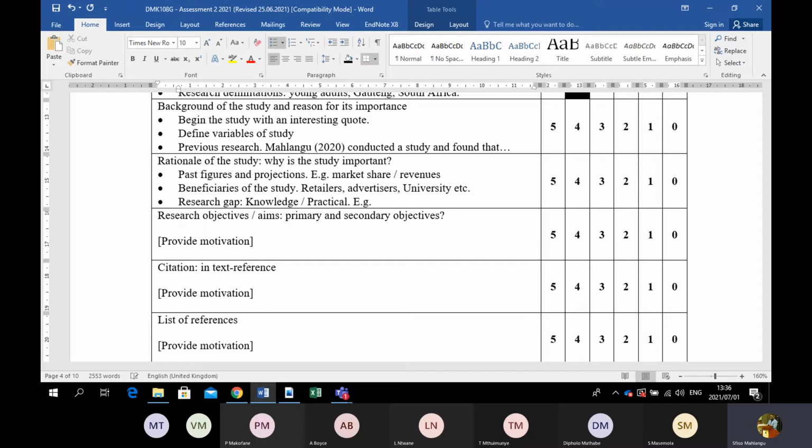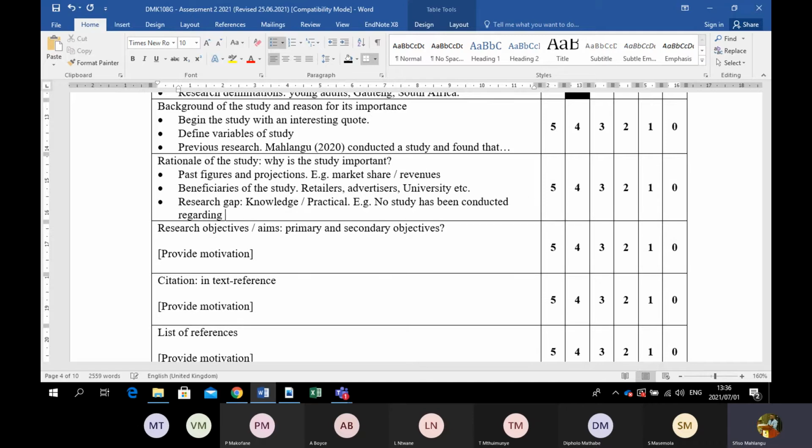Just to illustrate here, a gap could be something such as no study has been conducted. This will be a knowledge gap. No study has been conducted regarding, and then you specify the topic.